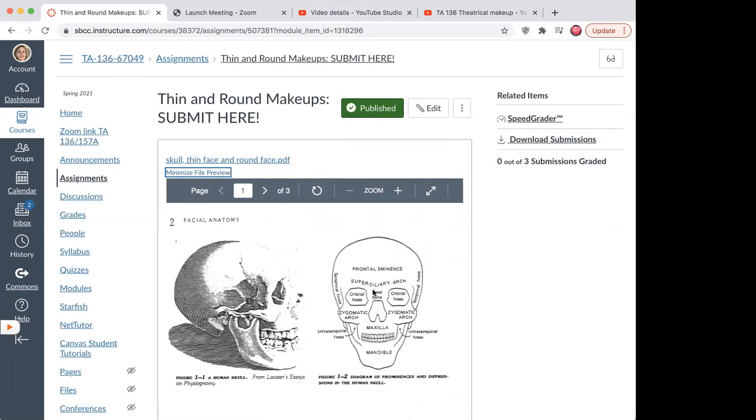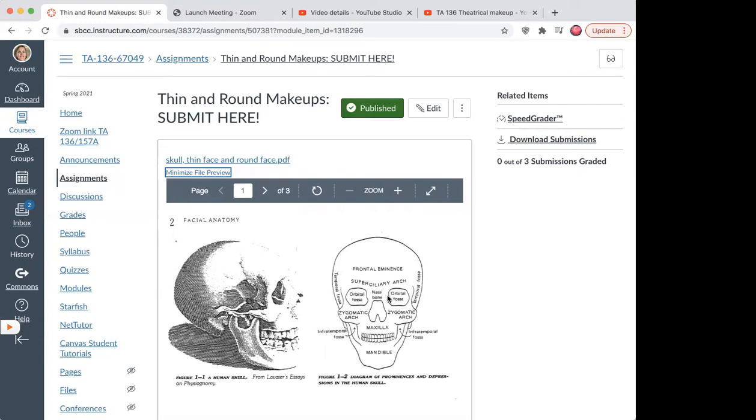This is what we were talking about with our skeleton, the frontal eminence. There's a depression right here in the skull. The superciliary arch over the eyebrow is why it was highlighted during the thin face. The nasal bone, the void or absence of bone here, because that's cartilage.